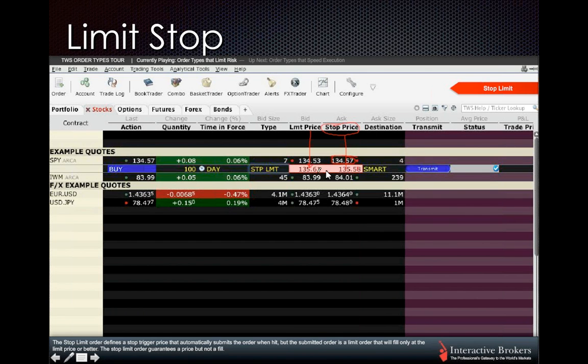But your limit price is not 135.58, it is 135.61. What does it mean? It means that you expect to close the position if it goes up, right? And then you don't want to go more than 135.61. So that's the maximum you can pay.